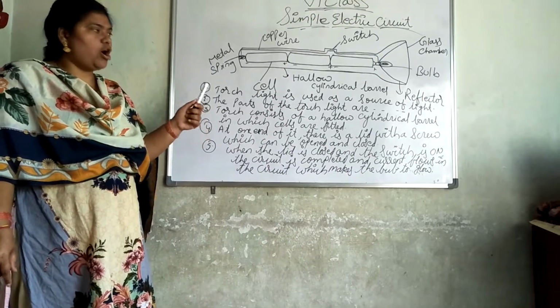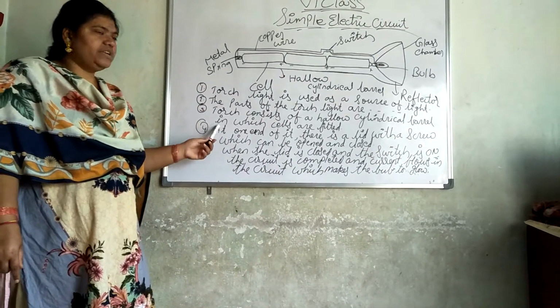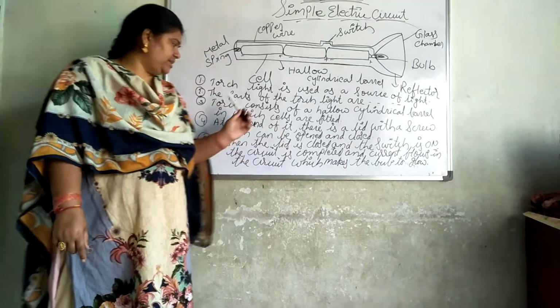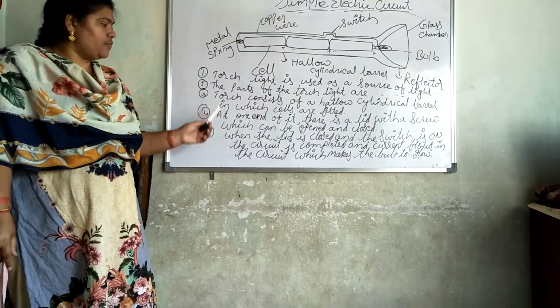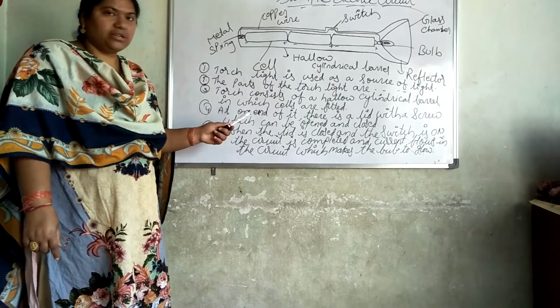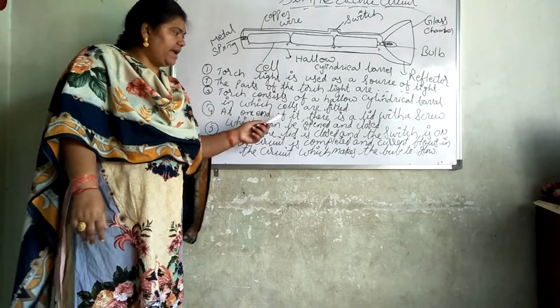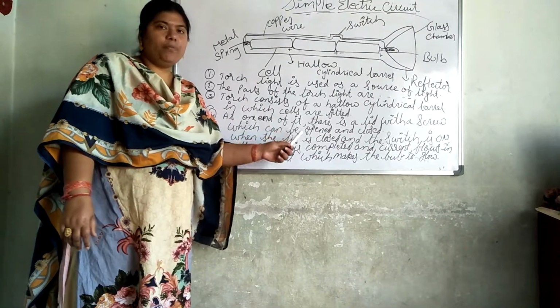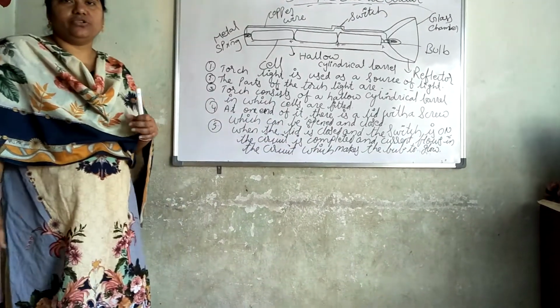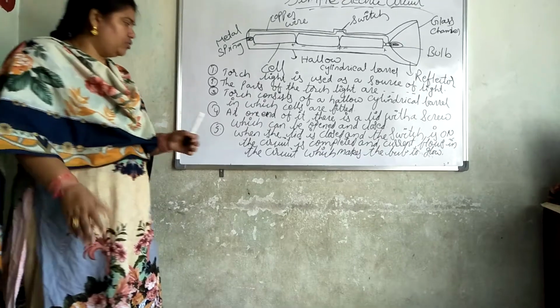The torch consists of a hollow cylindrical barrel in which cells are fitted. Next, at one end of it there is a lid with a screw which can be opened and closed to open and close the circuit.